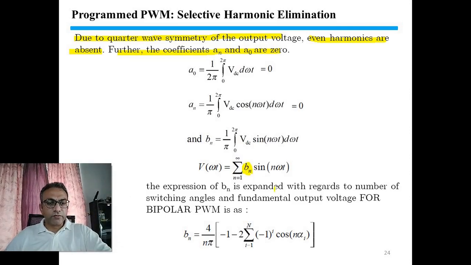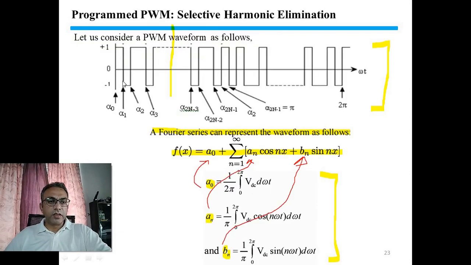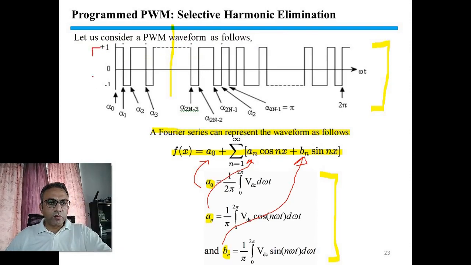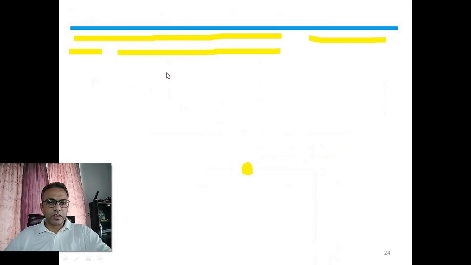We have to find b n for a bipolar waveform. This is your normal bipolar PWM. The definition of bipolar PWM is that it is a PWM signal which has two states, either positive voltage or negative voltage from 0 to pi. This is a bipolar waveform.